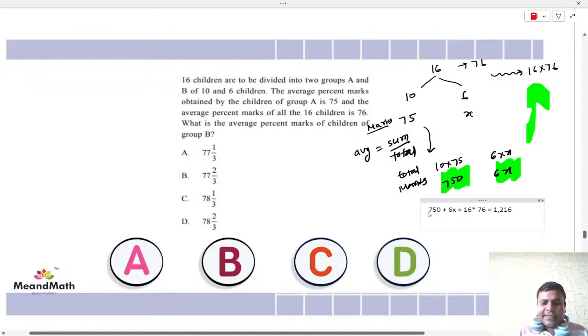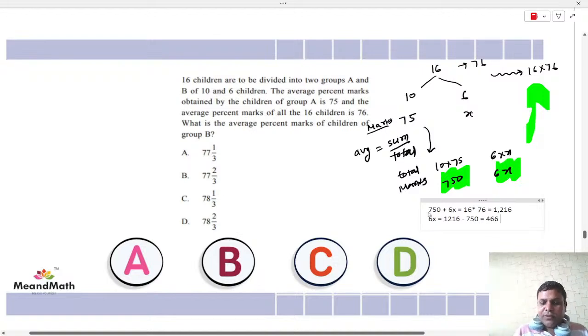So now 6x is equal to 1216 minus 750. So this is 466.